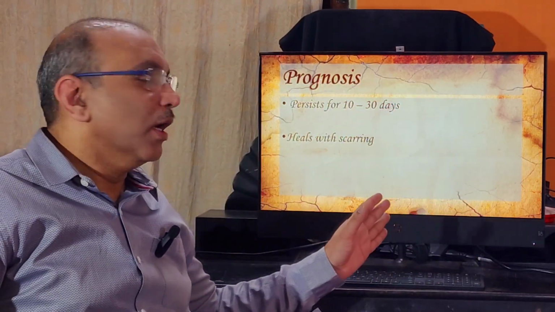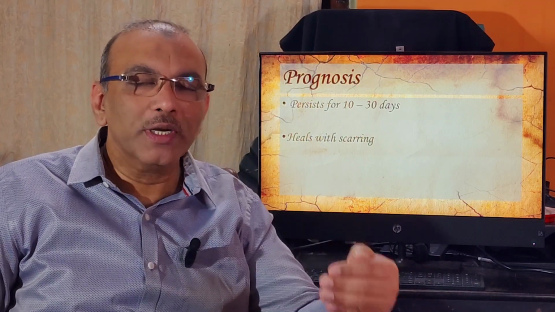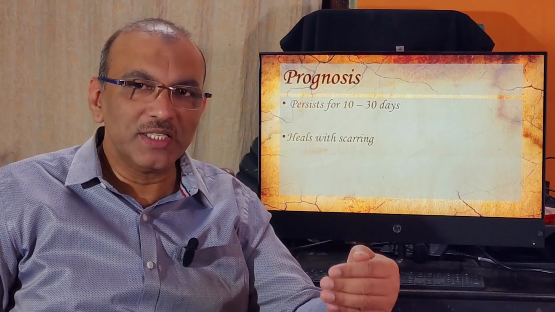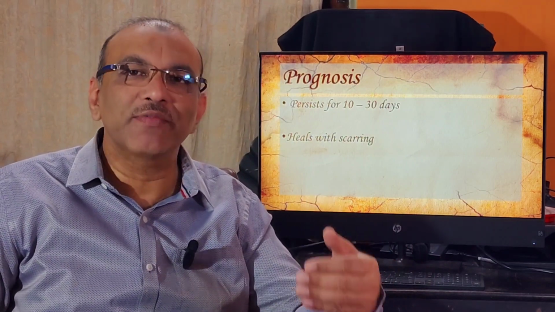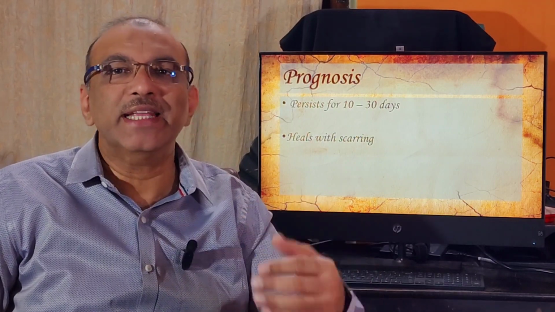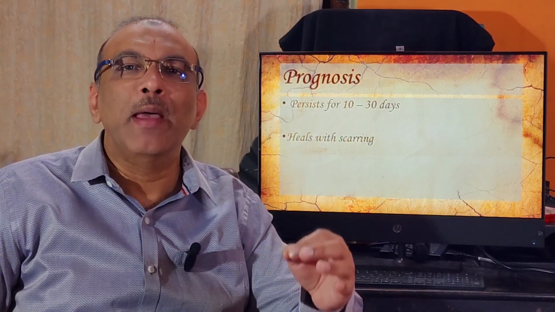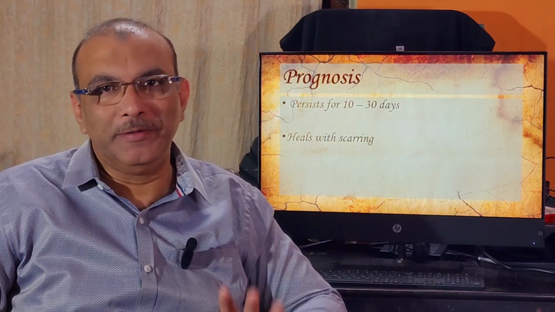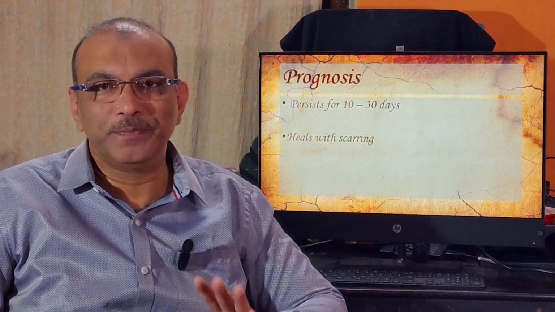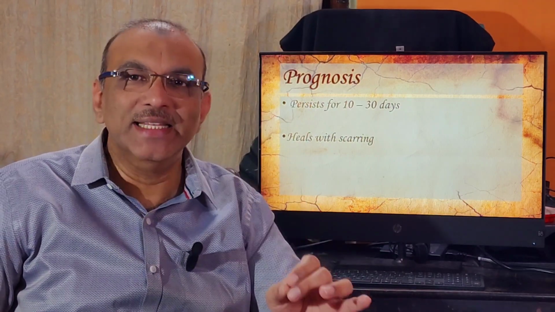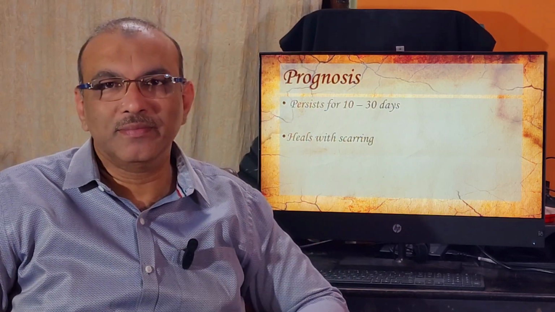Now, the normal progress of major aphthous ulcer, by routine, takes a maximum of 1 month to heal. It has its own course, and once it heals, it leaves behind a scar.